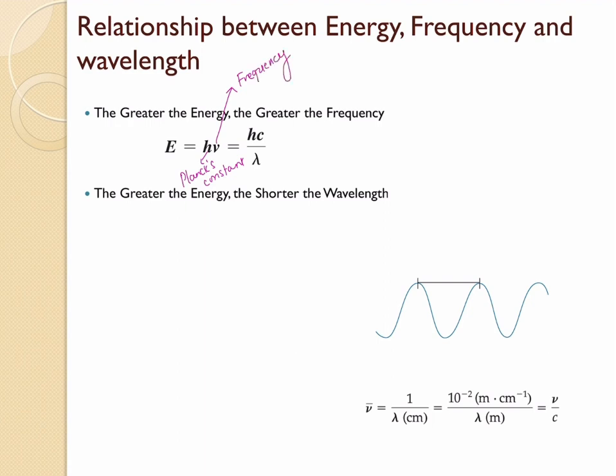Frequency can also be related to lambda using this equation. h nu equals hc by lambda, where c is going to represent the speed of light, that is equivalent to 3.0 times 10 to the power of 10 centimeter per second, and lambda is the wavelength.